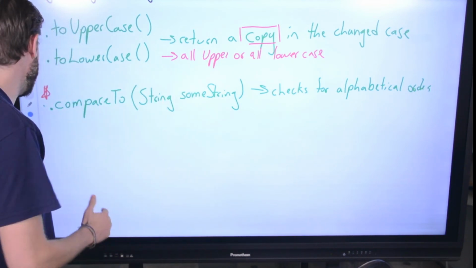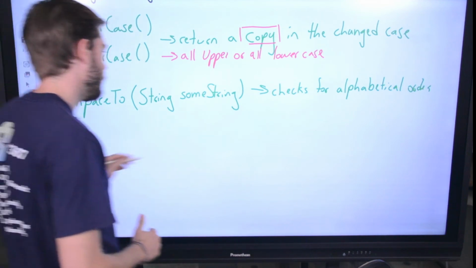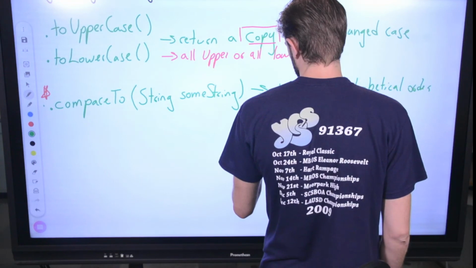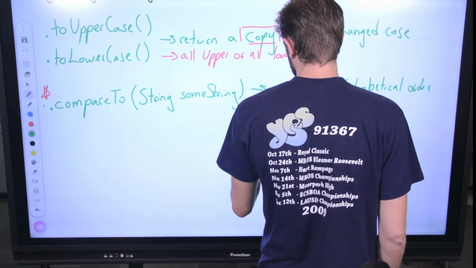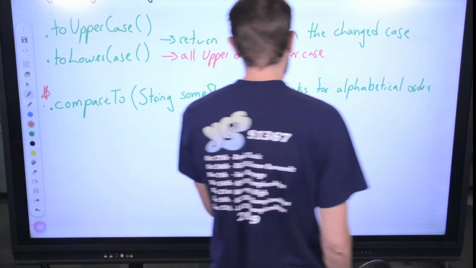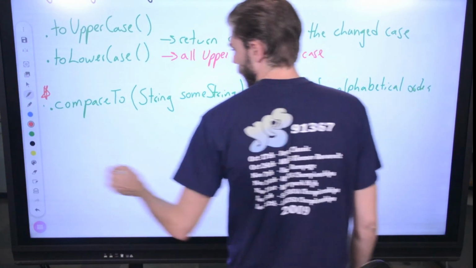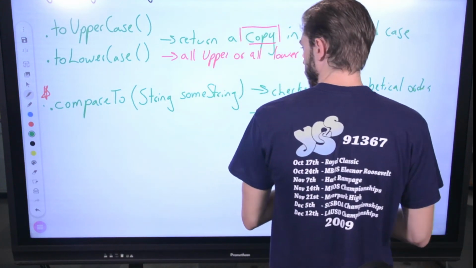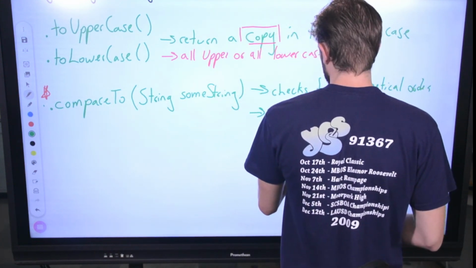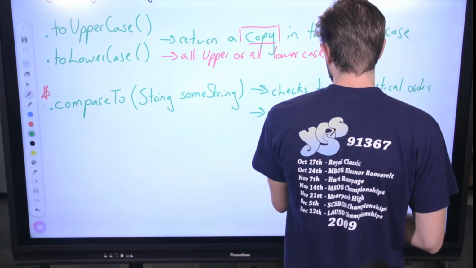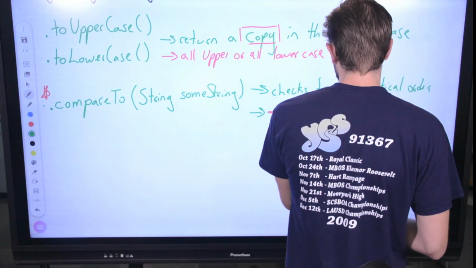then it's going to return a negative number. So it gives us a negative number if our string, I'm just going to abbreviate str, is smaller than substring.